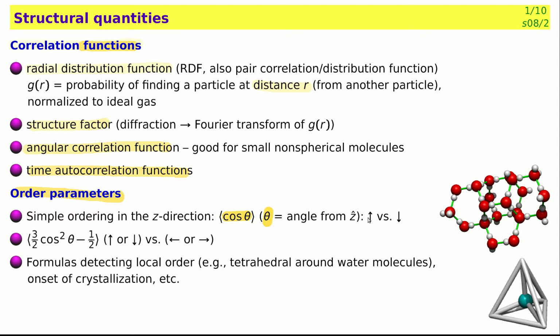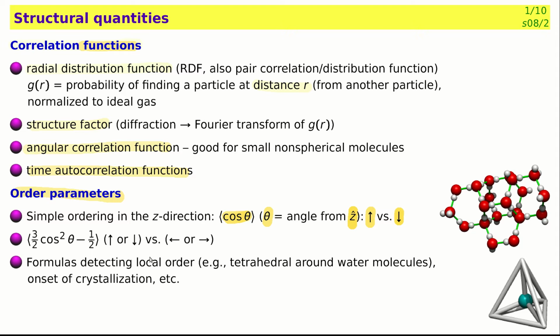It distinguishes molecules which point up, then the cosine is unity, and down, then it is minus unity, and there are cases in between. That is, it tells us whether the liquid, maybe a dipolar liquid for example, is ordered or is not ordered in certain direction, which I specify at start.